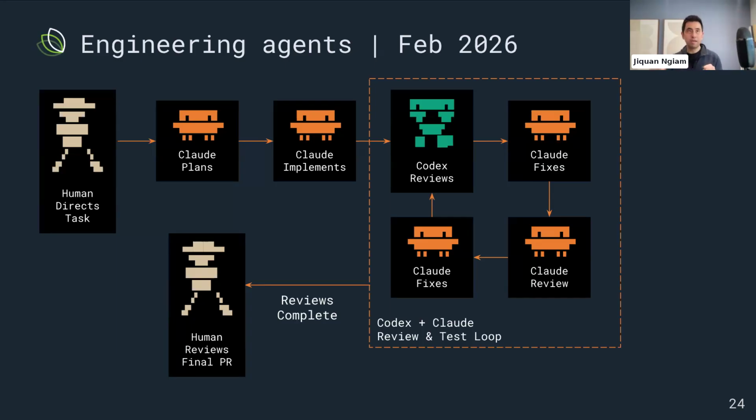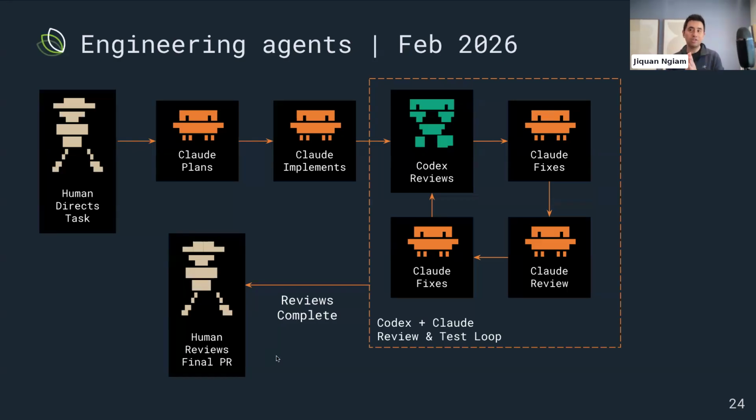We have a human directing the task, and this human icon was something Claude came up with. This is how Claude thinks of us humans, by the way. Claude would plan, Claude would implement, and then multiple models review and fix in a loop, and it comes out complete and sends the human a final pull request to be reviewed.